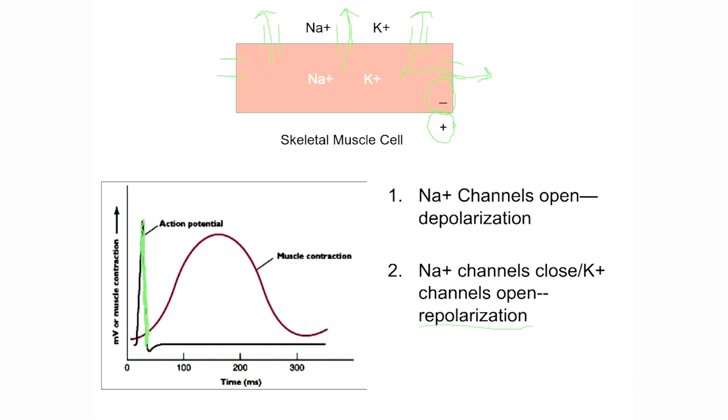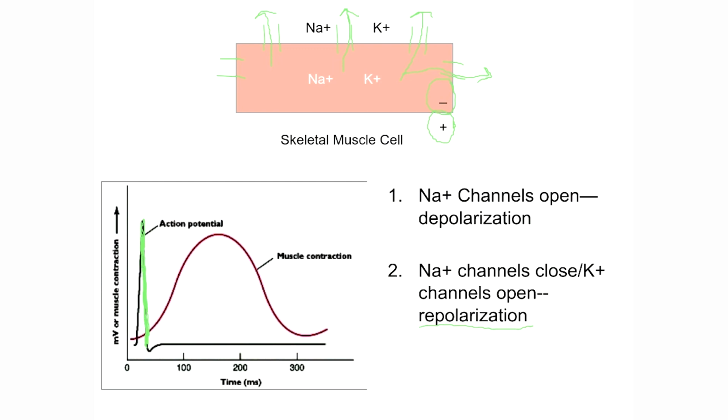So we're going back to the original state of the cell, again, where it was positive on the outside and negative on the inside. That depolarization plus repolarization is the electrical signal. It's the action potential that tells the muscle to contract.